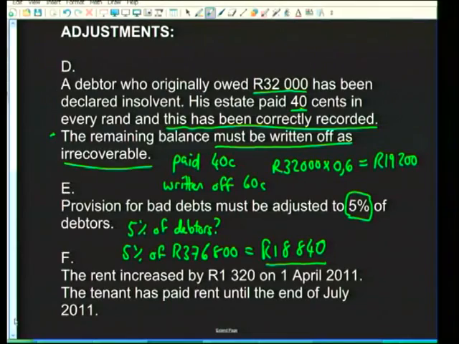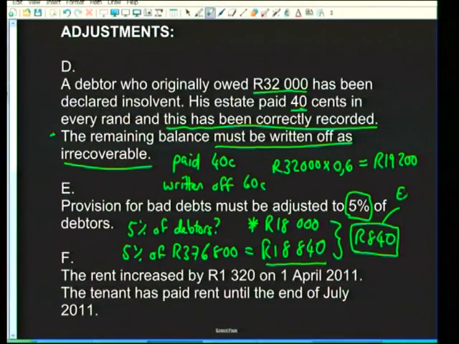We don't want it to be 18,000 Rand. We want it to be 18,840. That's a calculation that you should even be able to do in your heads. You see, right now it is 18,000, and we want it to be 18,840. So the difference between these two numbers is 840 Rand. And this number is going to be the adjustment that we have to make in order to get provision for bad debts to equal what we want it to be.